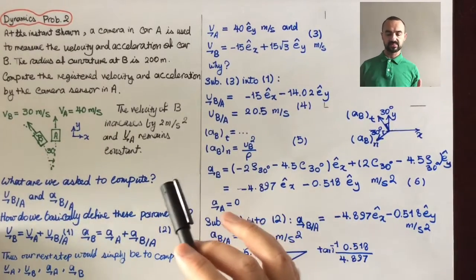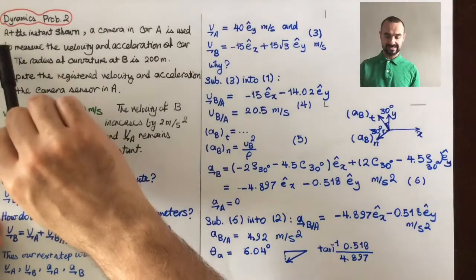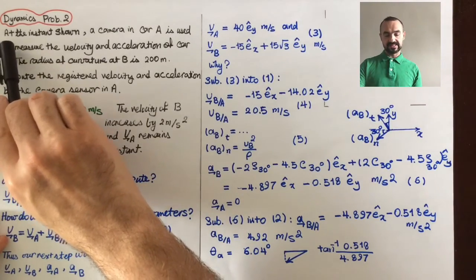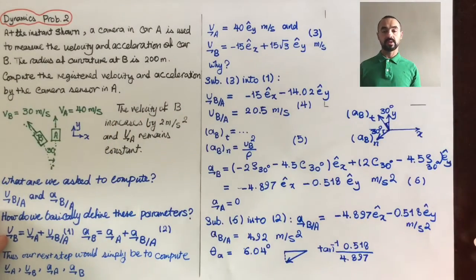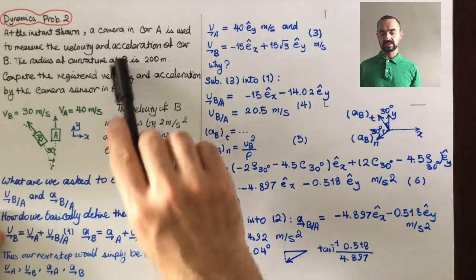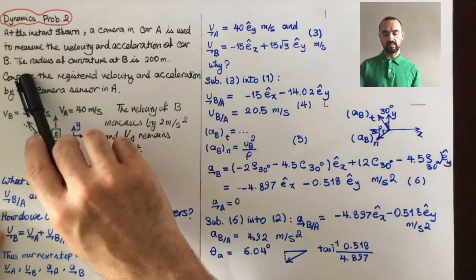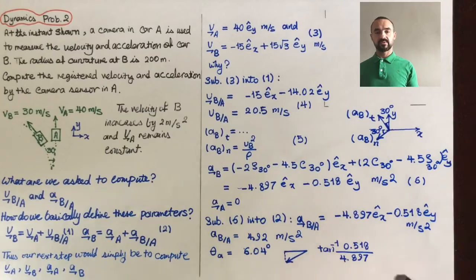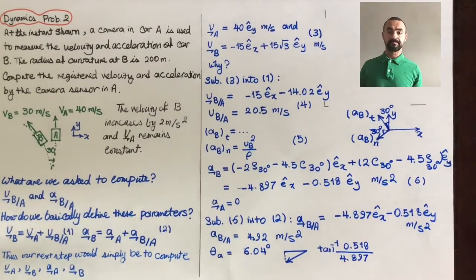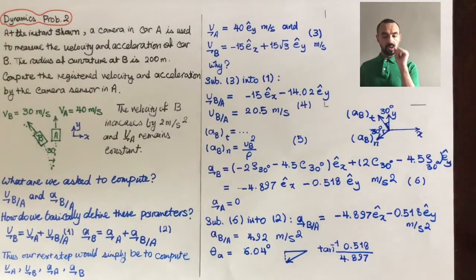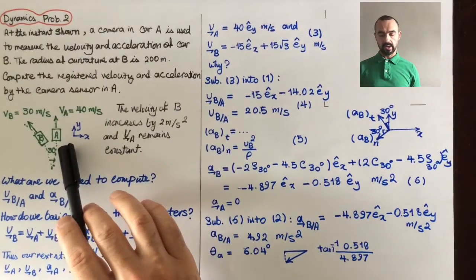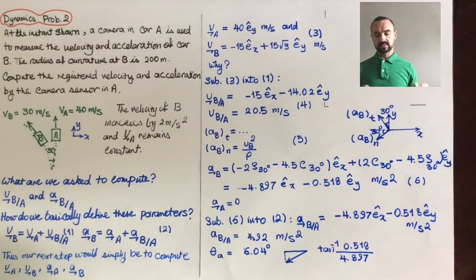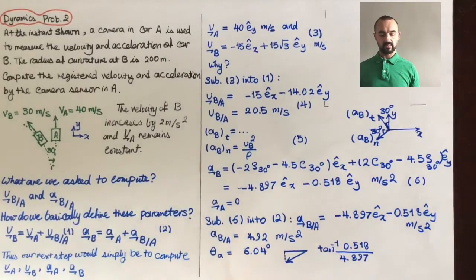All right, in this problem, as you can see, we have at the instant shown, a camera in A used to measure the velocity and acceleration of car B. So first off, let's read this statement again. What does it mean that we have a camera in car A that's used to measure the velocity and acceleration of car B?